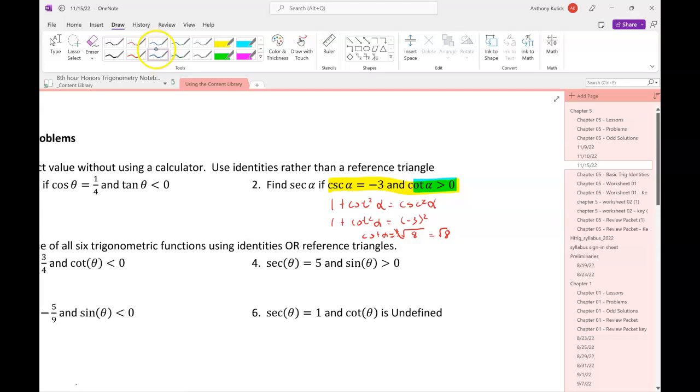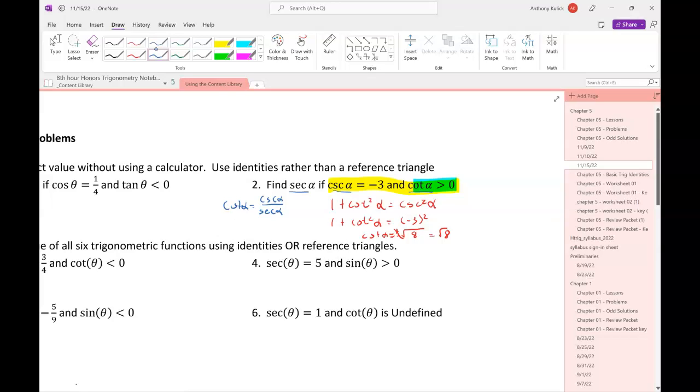Now I can say, okay, can I find an identity that relates secant, cosecant, and cotangent together? Yes, I can. I have that cotangent alpha is equal to cosecant alpha over secant alpha. Okay with that?